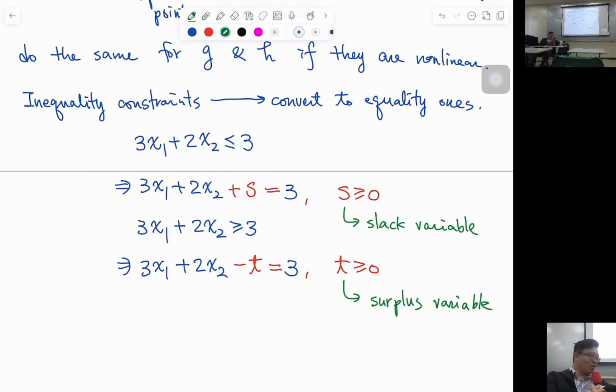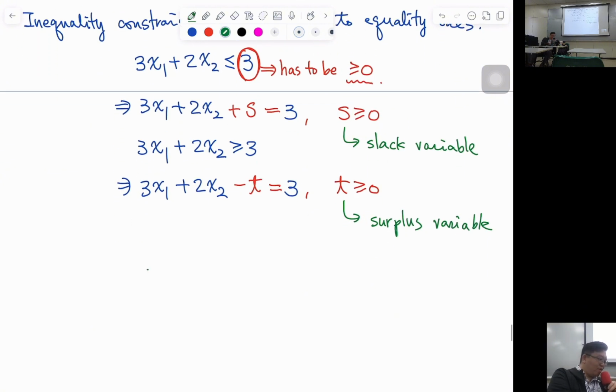Just please learn how to use it. One important thing for this approach: the right hand side right here has to be larger than or equal to 0. Okay? This is the format. So how about another example? If I have this smaller than a negative number, what do you do?